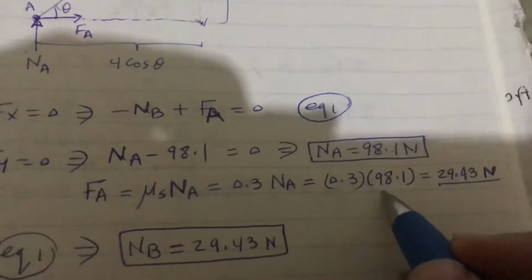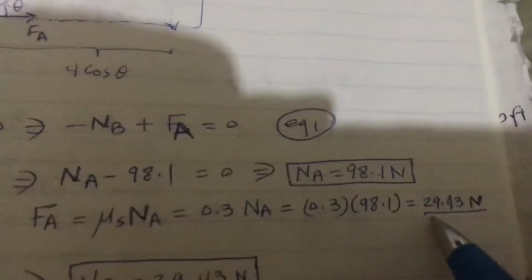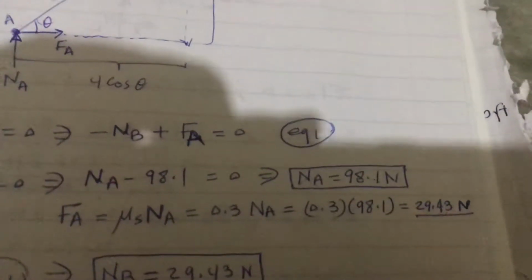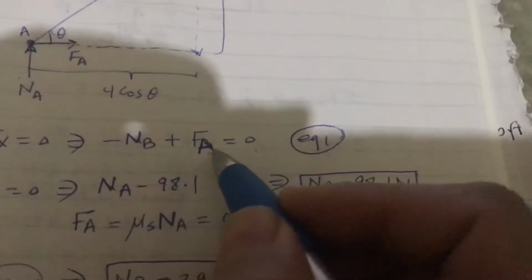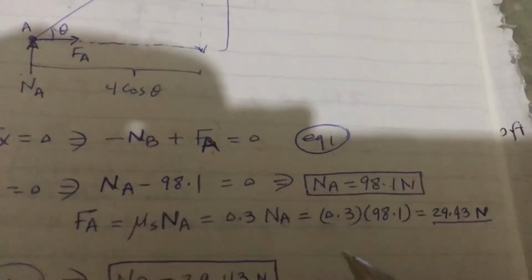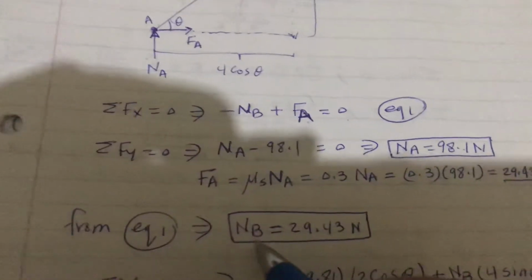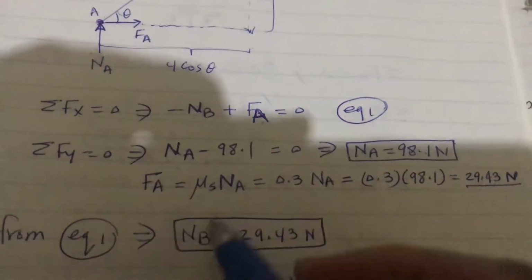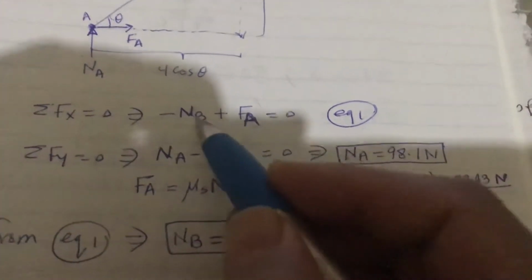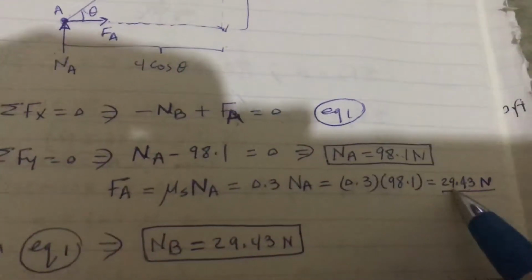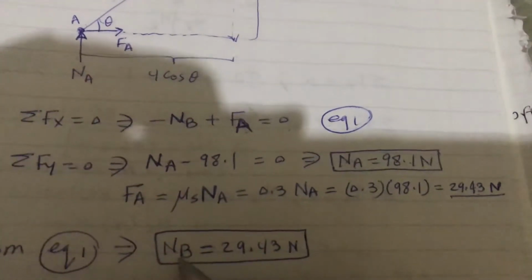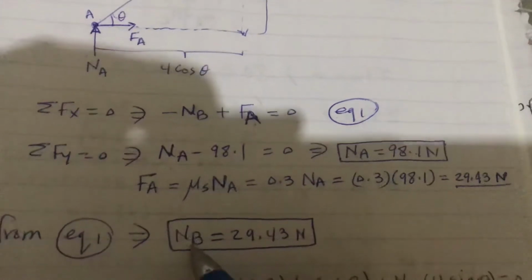So 0.3 times 98.1 gives 29.43 Newton. Now we found the force Fa, and we could find the normal force at B from equation 1, because Nb is equal to Fa, since if you put this on the other side, it's going to be plus. So whatever Fa is, 29.43, the normal force at point B is 29.43.